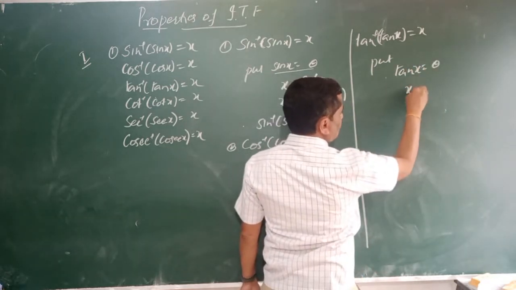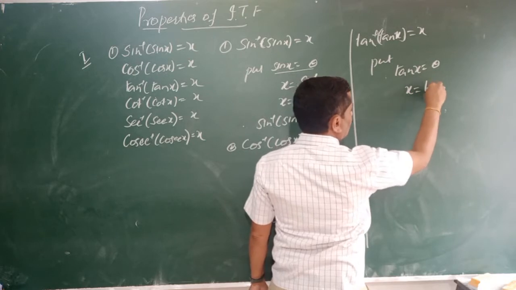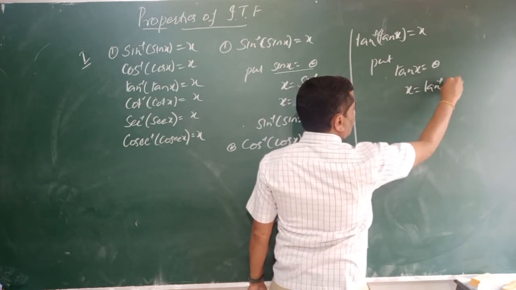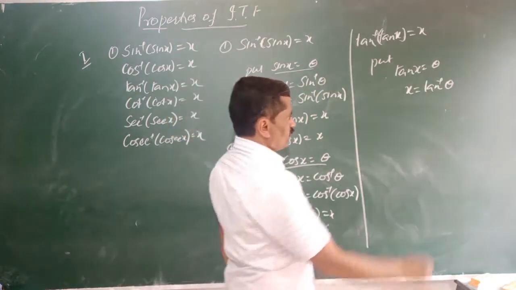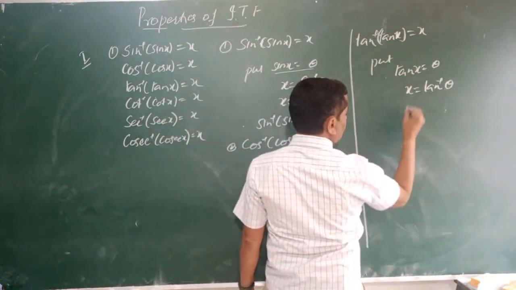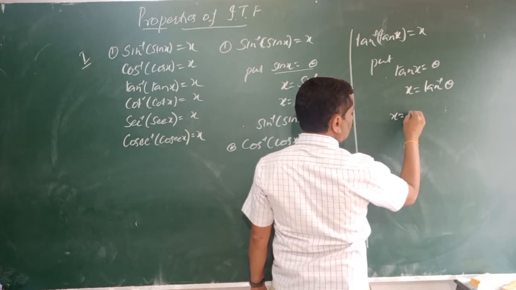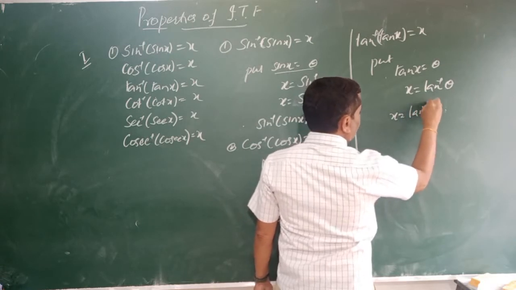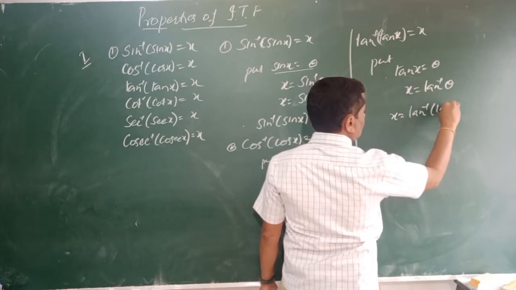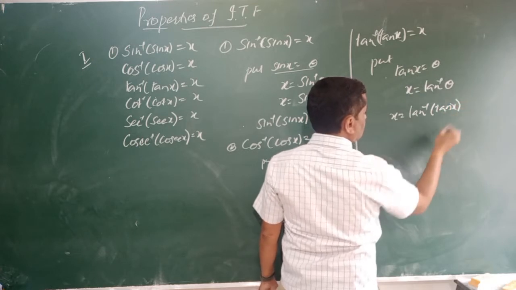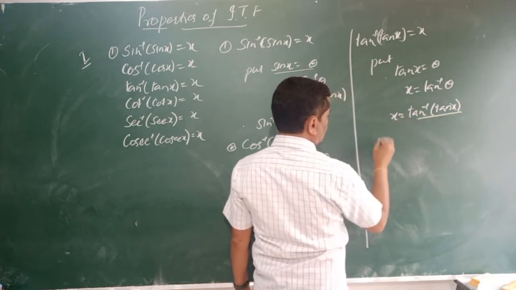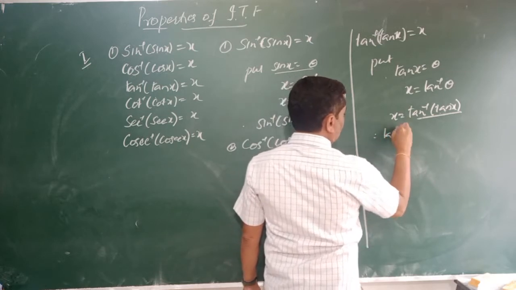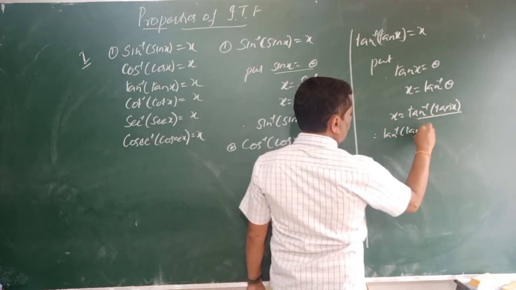Therefore, what is x? x is equal to tan inverse of theta. But what is the value of theta? We have tan x. Therefore, x is equal to tan inverse of tan x. So tan inverse of tan x is equal to x.